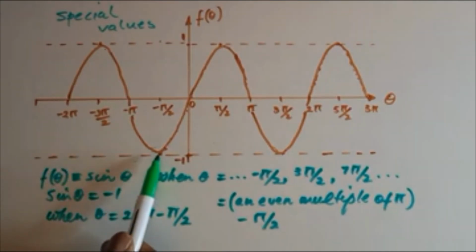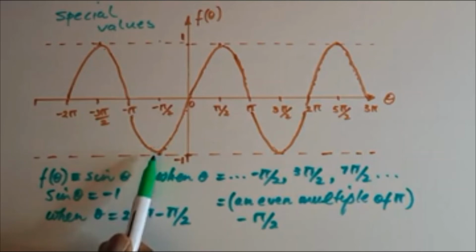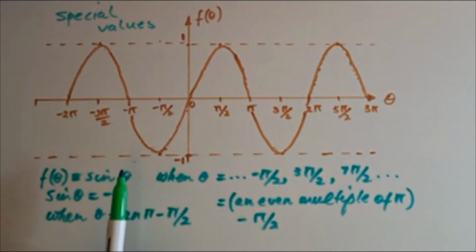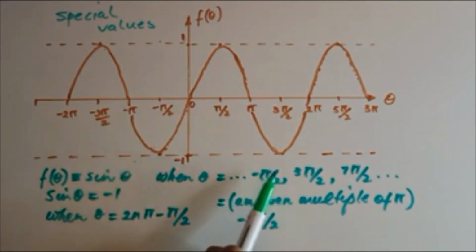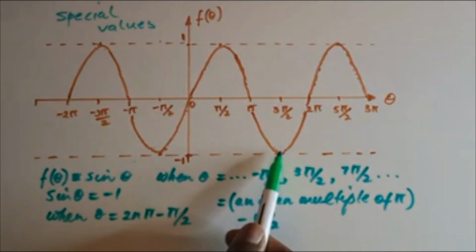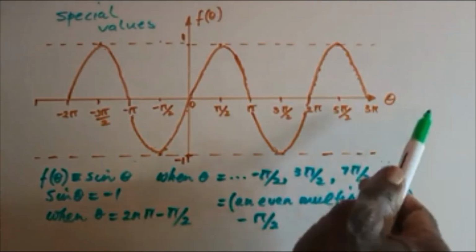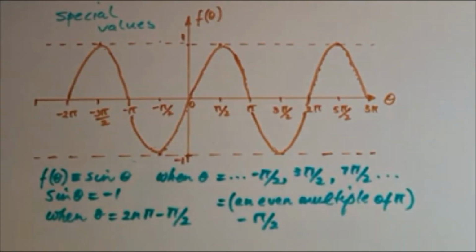And we just look at these values here below the axis of theta. -1 occurs at minus pi over 2, 3 pi over 2, and in the next cycle would be 7 pi over 2. We looked at the pattern here and expressed this as an even multiple of pi minus pi over 2.